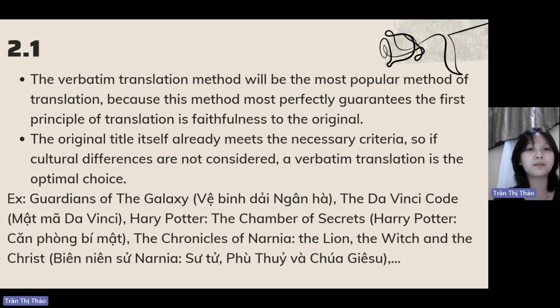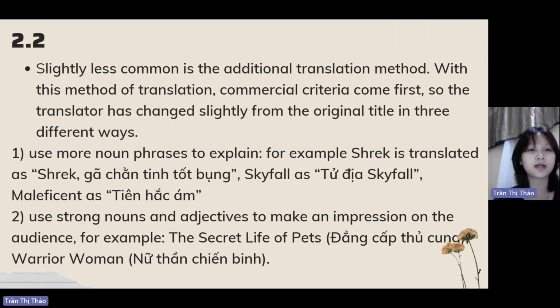And slightly less common is the additional translation method. With this method of translation, commercial criteria come first. So the translator changes the original title slightly in two different ways. The first one is using more noun phrases to explain.